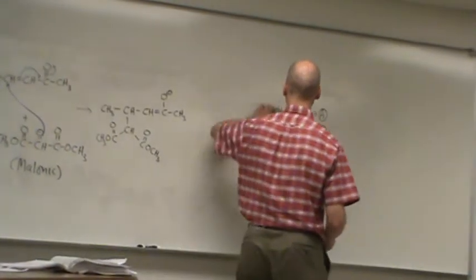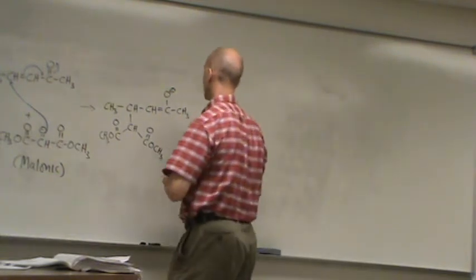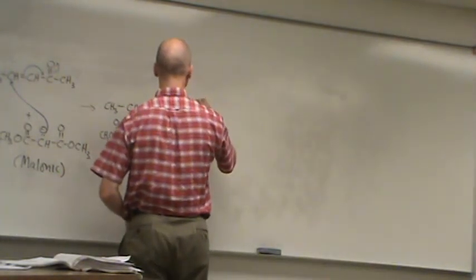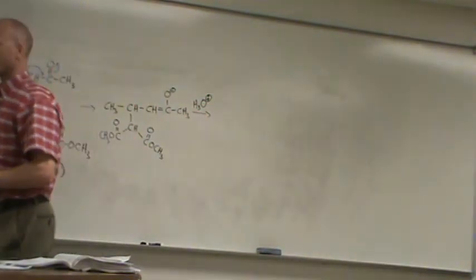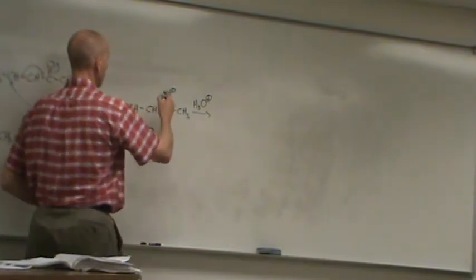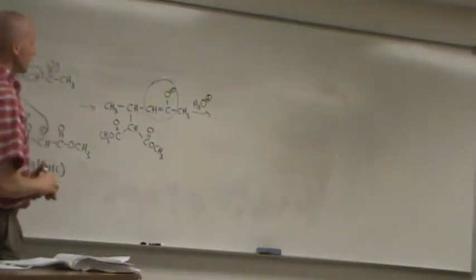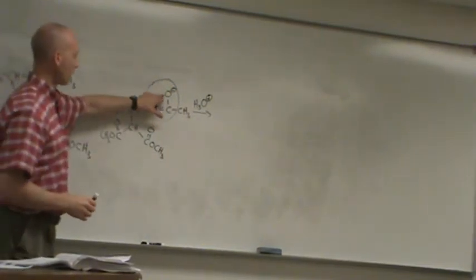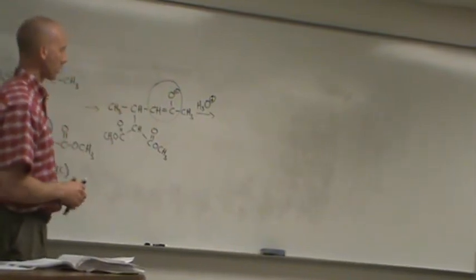In the next step, what we do is we add H3O plus. I'll take you through the mechanism, but what it does is it makes this the enol, and then it goes through and makes the keto tautomer.